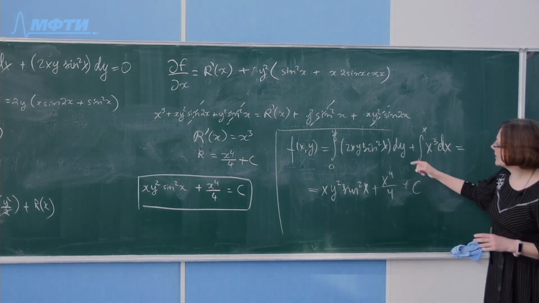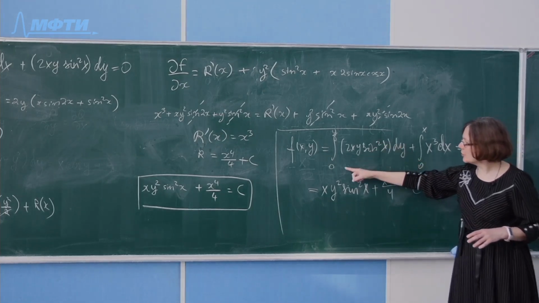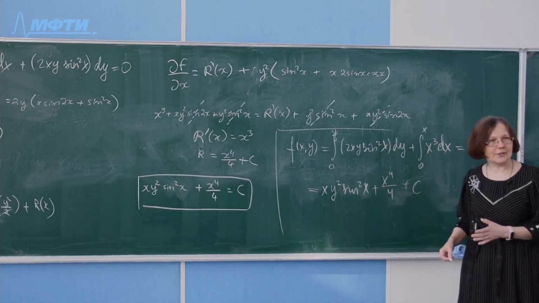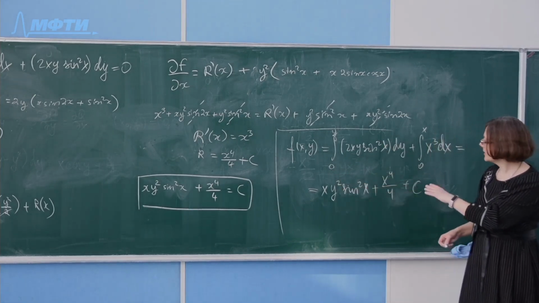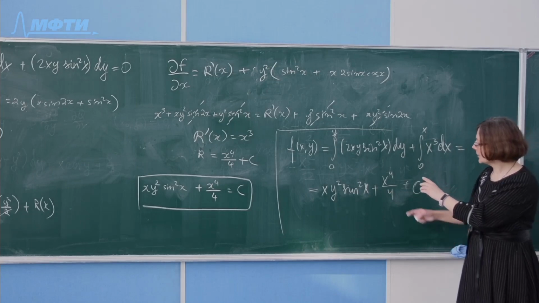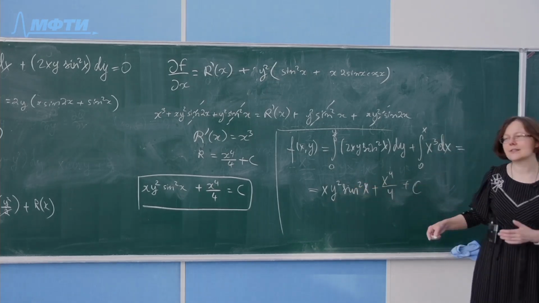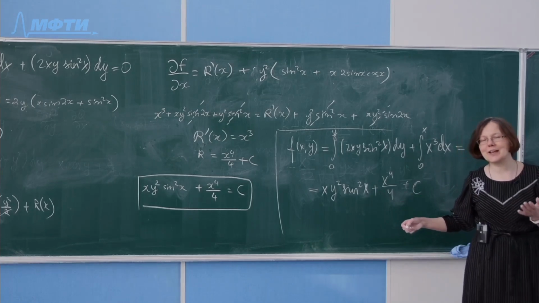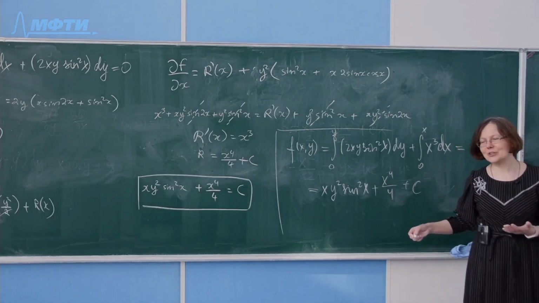Right, but if we start with 1, for example, then we need to subtract something, and after this we will get the formula. Of course, the formula should be the same. The answer must not depend on the way.